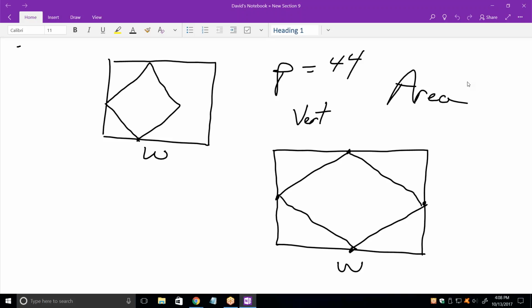So we want the area as a function of W. Well, let's call that X, which means all of these are X. Definition of a rhombus. And we know the perimeter is 44, therefore X equals what?